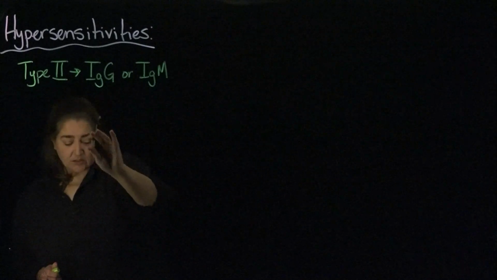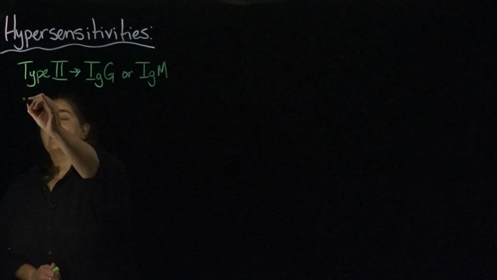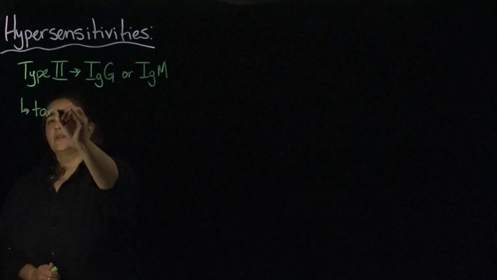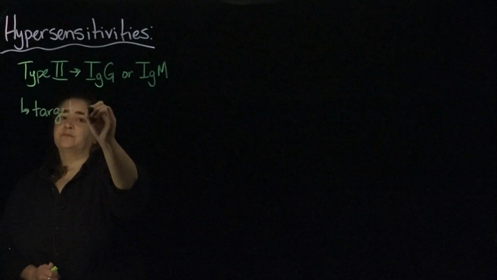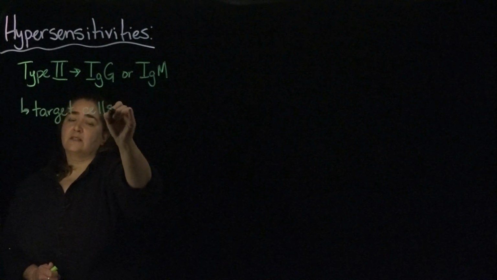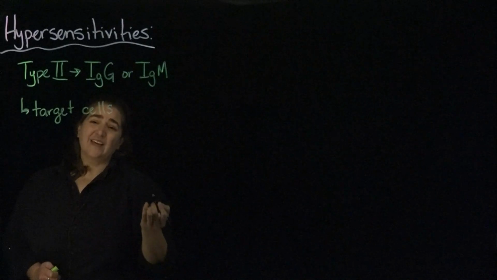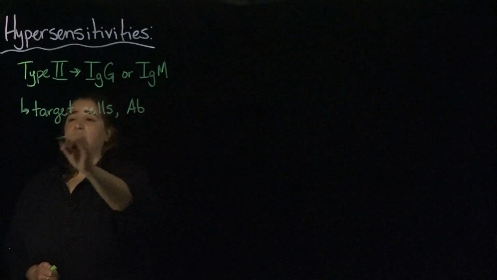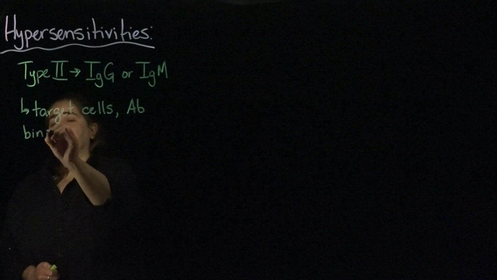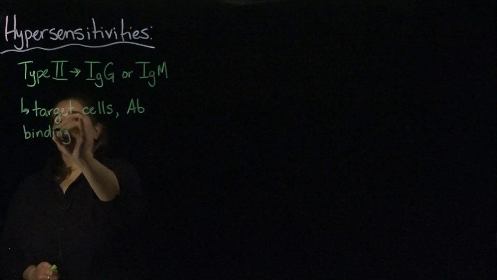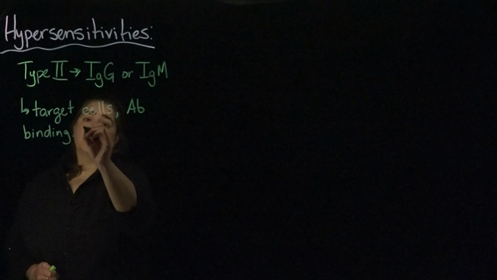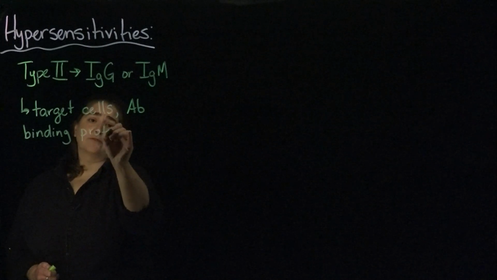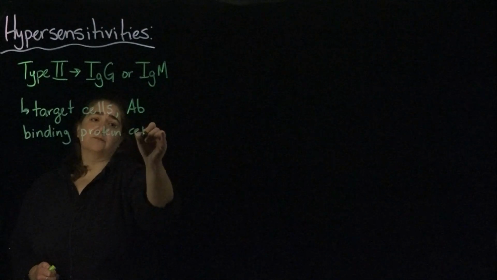What the type 2 hypersensitivity is going to do is target cells. Typically you have the antibody binding to a protein, most often on the cell.